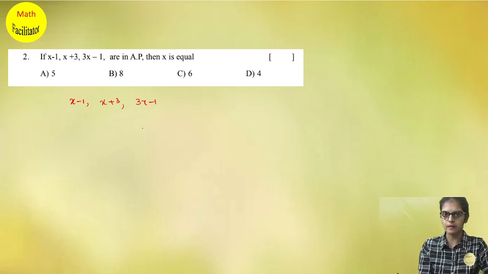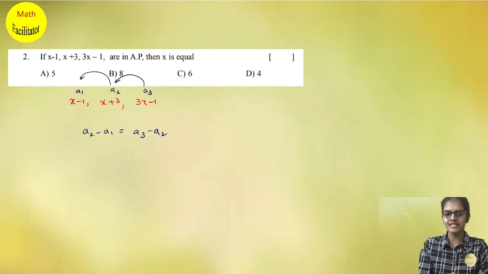When these numbers are in AP, you can take them as A1, first term, second term, third term. So you know that A2 minus A1 is equal to A3 minus A2, yes or no? The difference between the successive term and the preceding term is always equal.